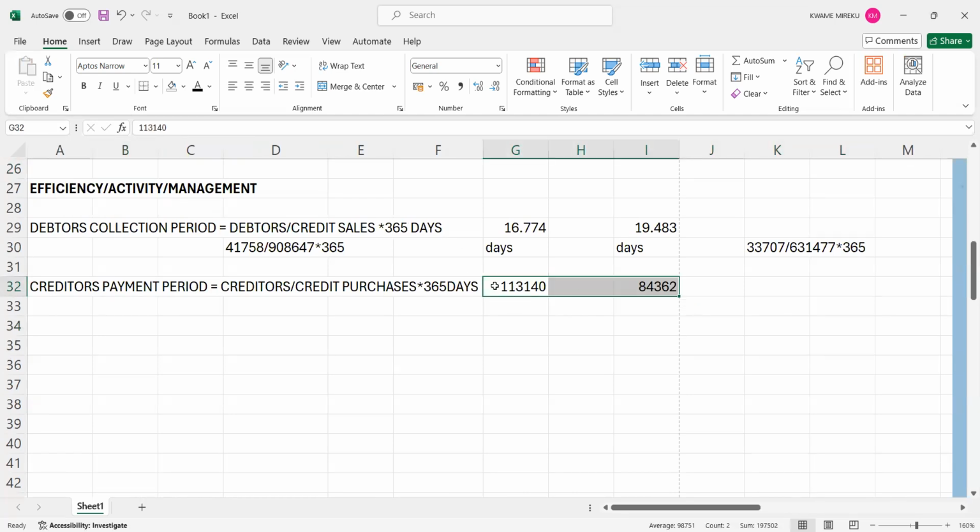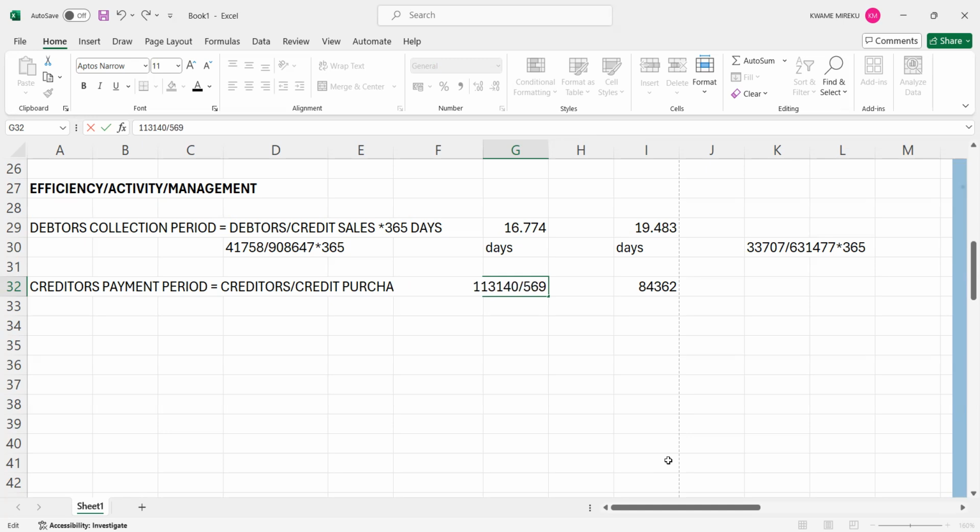Now we need the cost of sales figures. What is the cost of sales for 2023? It is 569,972. This also measures in days, 365.